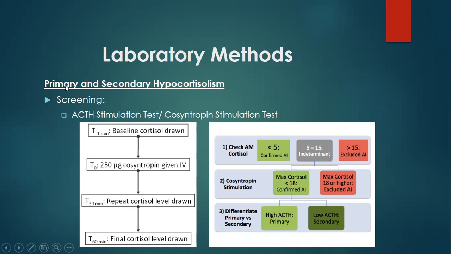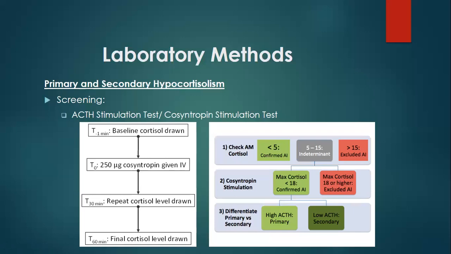Usually the primary hypocortisolism, or primary adrenal insufficiency, is due to a decrease in cortisol production because of, again, autoimmune destruction of the adrenal cortex, leading to a decrease in mineralocorticoid, glucocorticoid, and androgens, with excess ACTH levels.